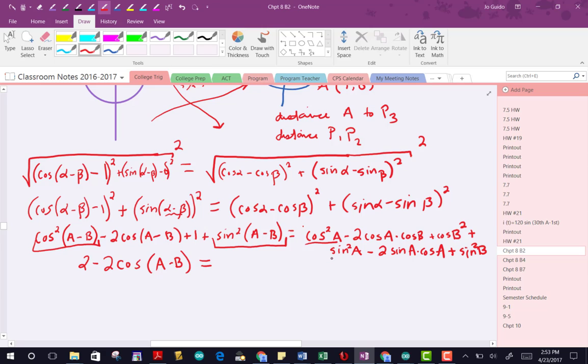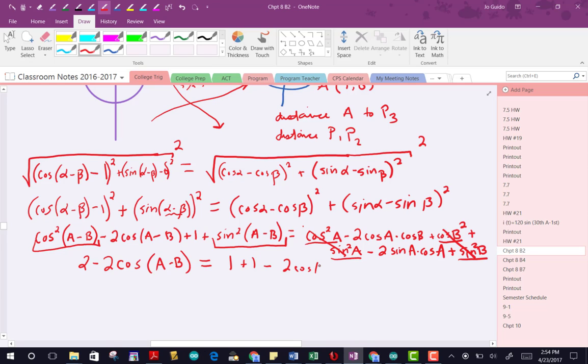And then I've got minus 2 cosine A cosine B minus 2 sine A cosine A. I can subtract 2 from both sides of my equation. So the 2's will go away.